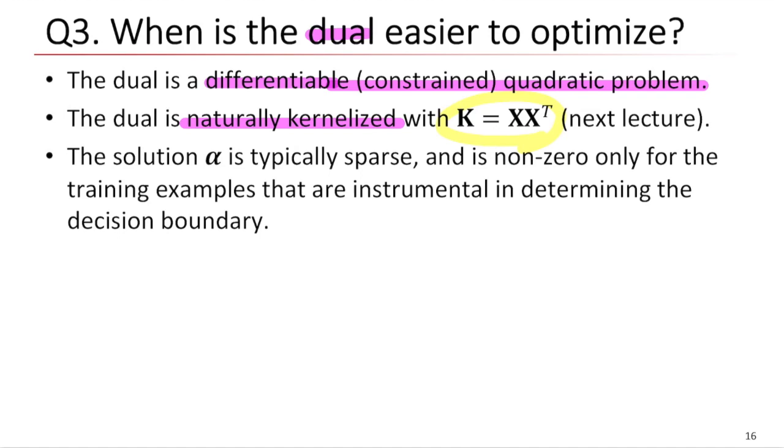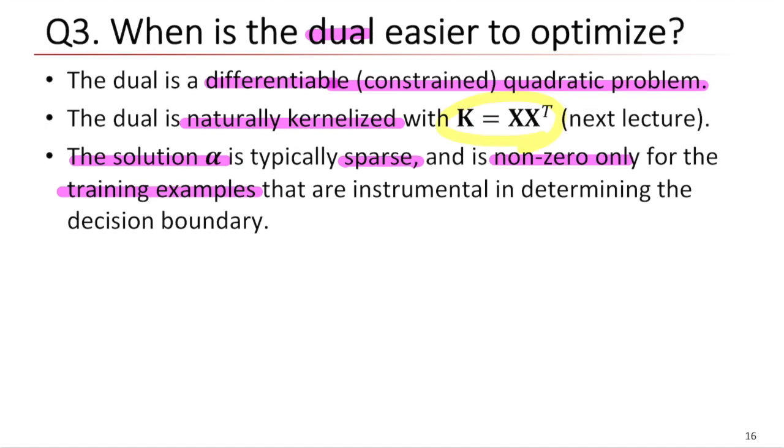So it has many advantages, which will be discussed later. And the final advantage is the solution alpha is typically sparse. So it means that it is non-zero only for the training examples that are instrumental in determining the decision boundary. What does it mean?